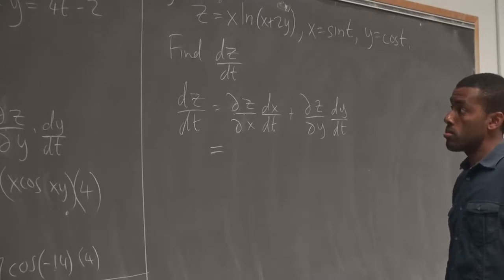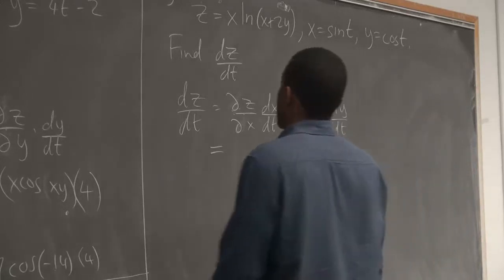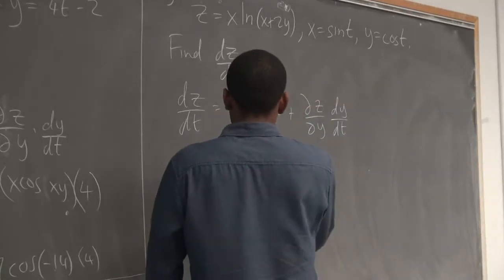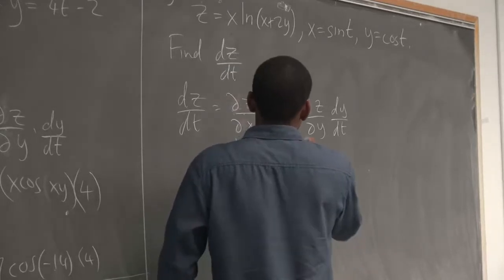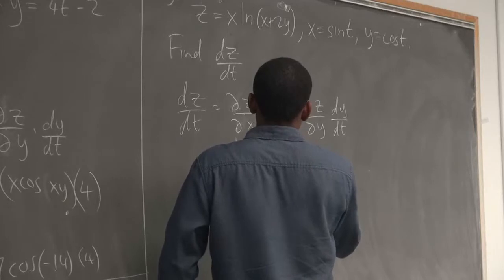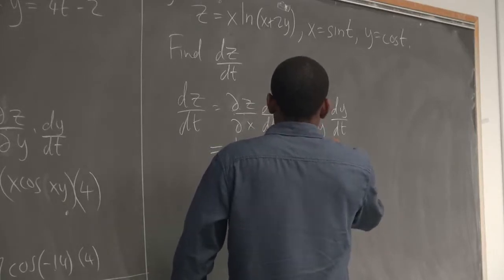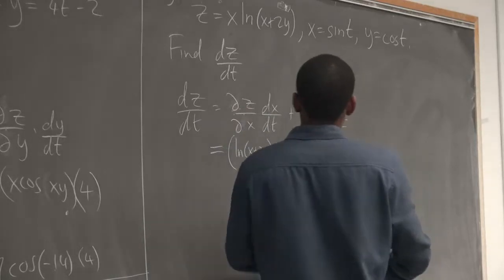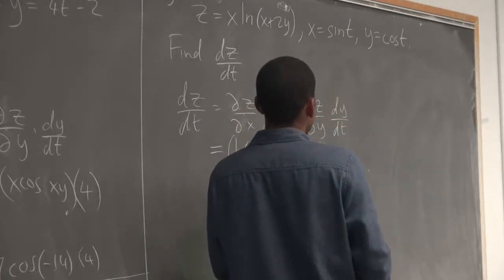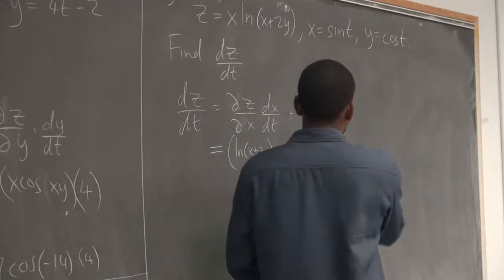It would be natural log of open bracket x plus 2y, plus x times 1 over x, and all of that times dx/dt, cosine.